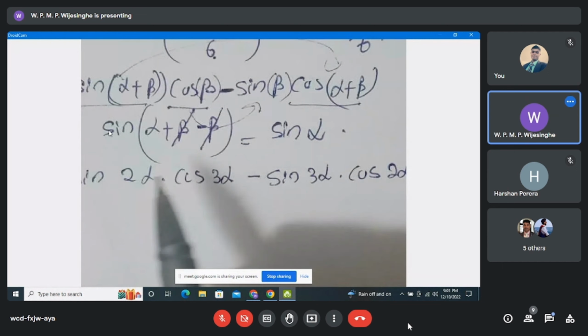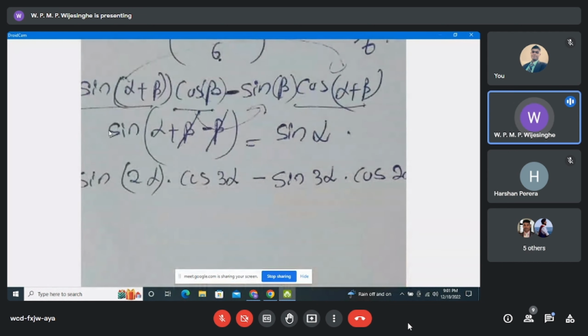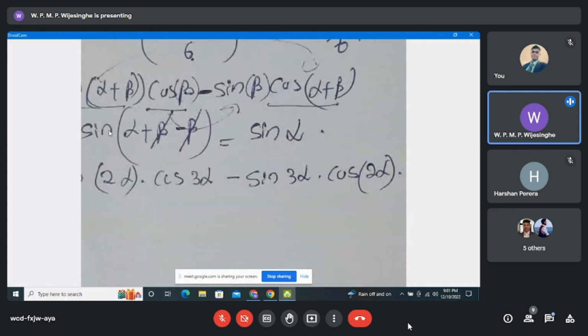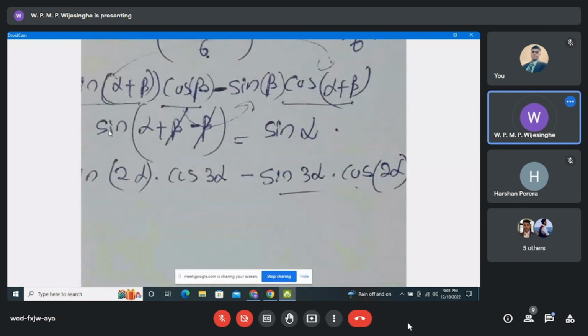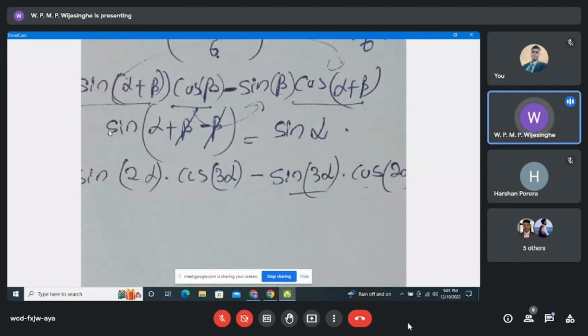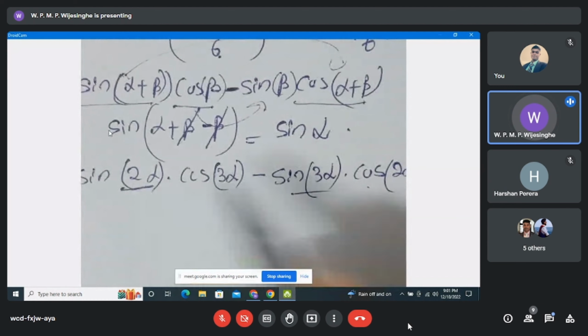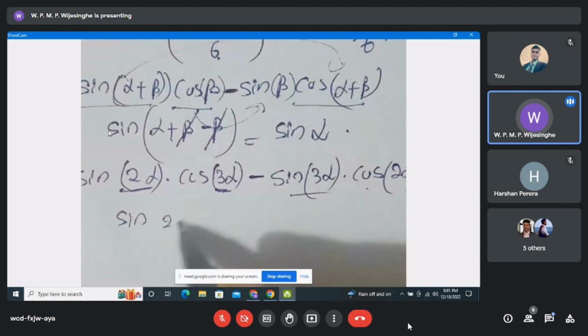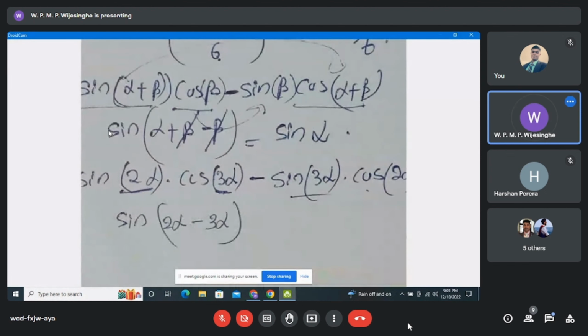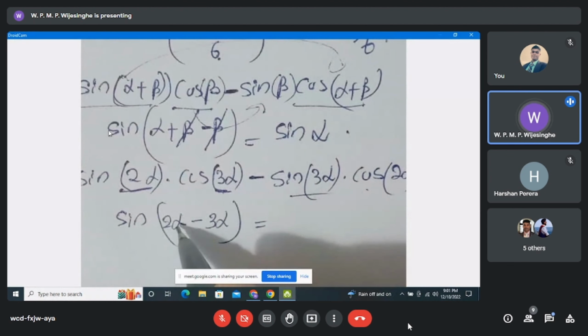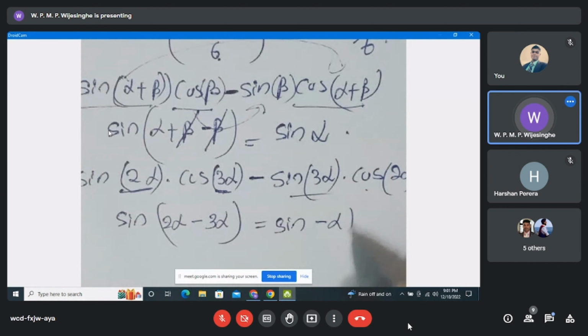Then sine 2 alpha converts into cos alpha in the second term and cos 3 alpha converts into sine alpha. Then first angle is 2 alpha, second is 3 alpha. Right? Here it is a negative sign, so it is the difference between these two angles. Then I can write sine of 2 alpha minus 3 alpha. It is sine minus alpha.